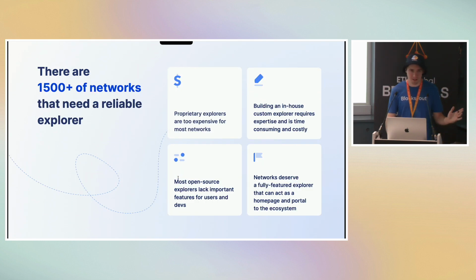So a couple of slides about why something like Blockscout is very important to have in the industry, in the space. In the past couple of months and years, we have seen rapid growth in the number of EVM-compatible networks and rollups, with advancements in rollups like OP Stack, Arbitrum, zkSync, and so on.